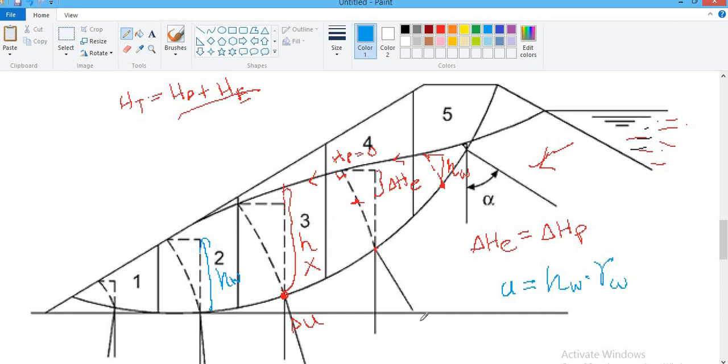That's how we can find the water pressure at the bottom of the slice, especially at the middle of the slice. Taking a value at the middle of the slice will be considerably accurate to assign in the slope stability analysis.